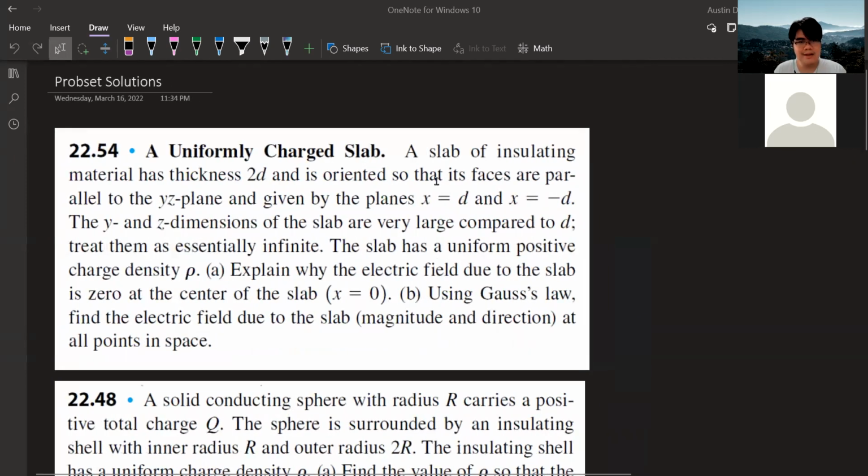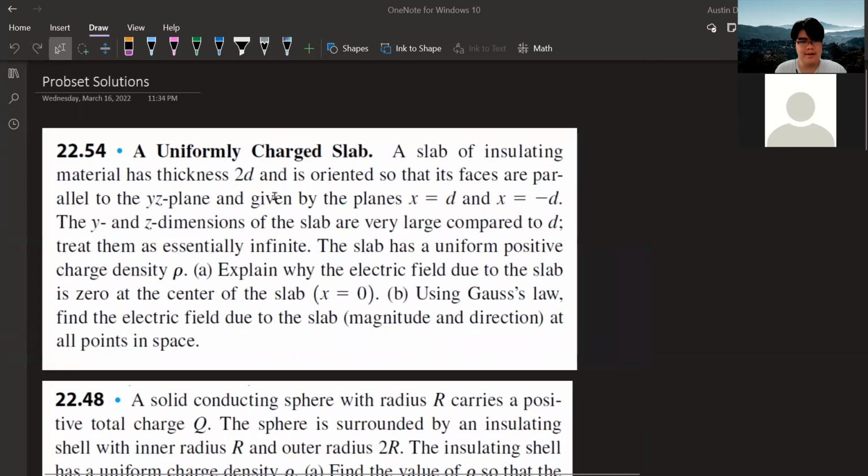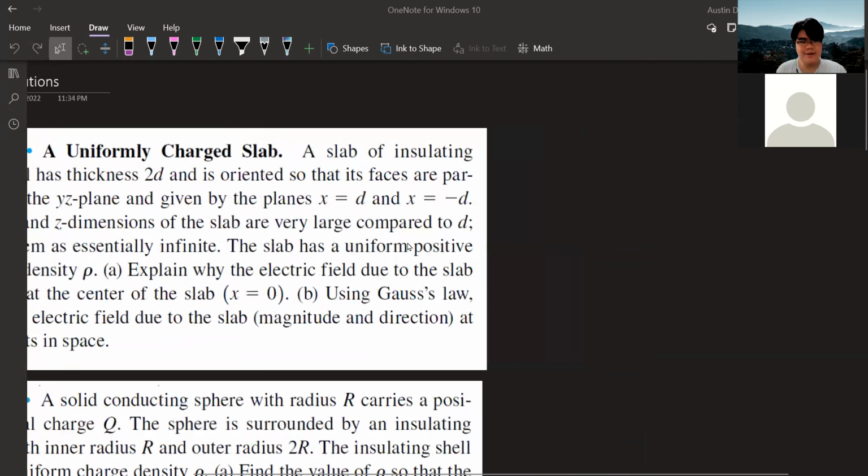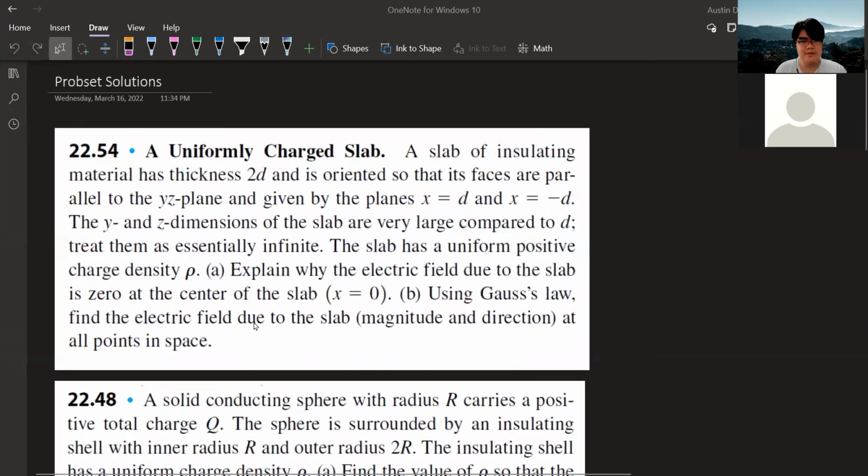So, meron tayong slab na merong thickness 2D. Okay, so drawing muna natin. Ang system daw natin, meron tayong slab na nakahiga sa YZ plane.